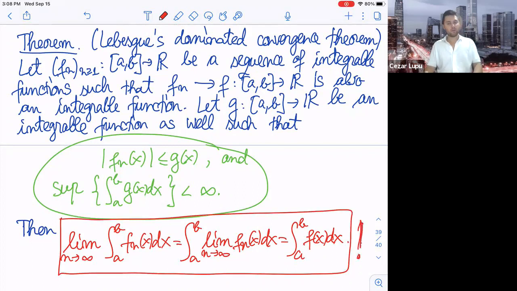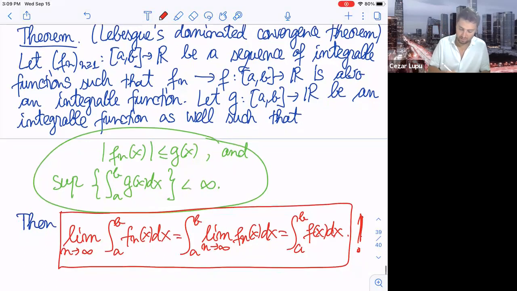Wow. Well, I want you to look at this Lebesgue dominated convergence theorem for a bit and to see the difference between this one and the bounded convergence theorem of Arzelà. As you can see, in the case of Arzelà's theorem, the function g was a constant, and the constant has to be finite. So in other words, if we take g to be M, the Lebesgue dominated convergence theorem is Arzelà's bounded convergence theorem.